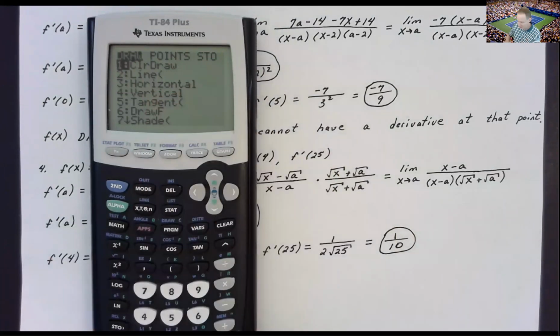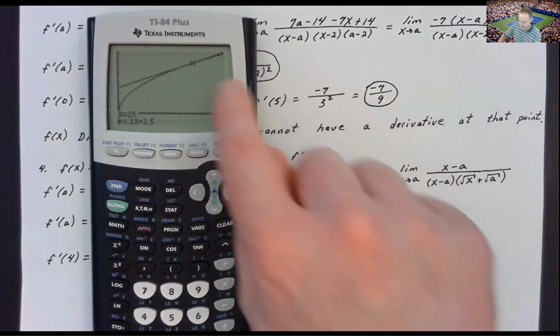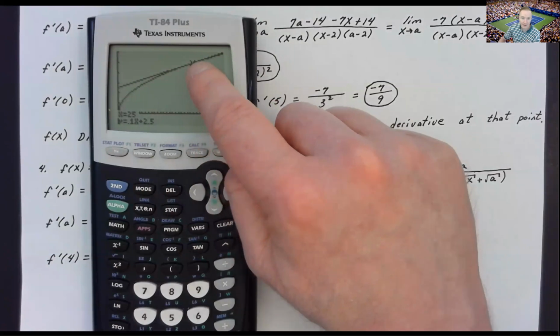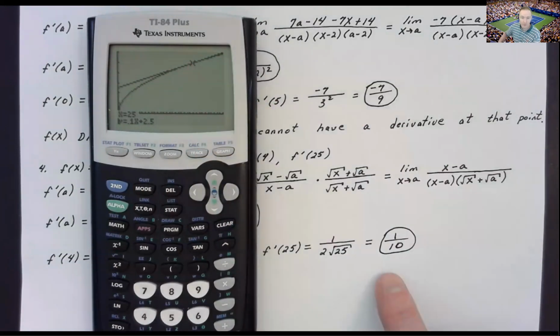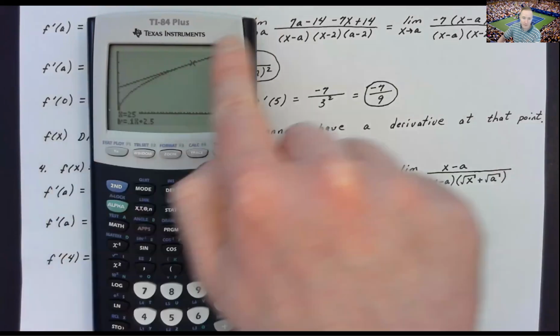Draw a tangent line, second draw, number 5. Tell it the x value that you want it to be tangent to. So I will need an x value of 25. It's going to draw a line that takes on the slope at x equals 25, which we know is 0.1. And it's going to draw a point through that curve and use that slope forever and ever.